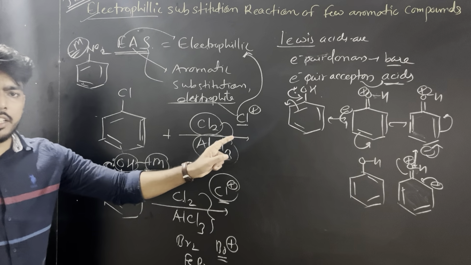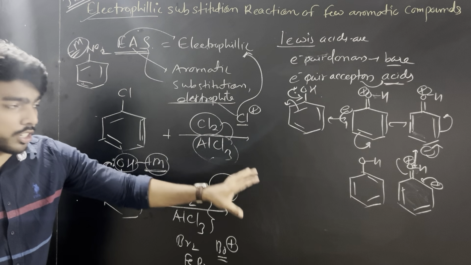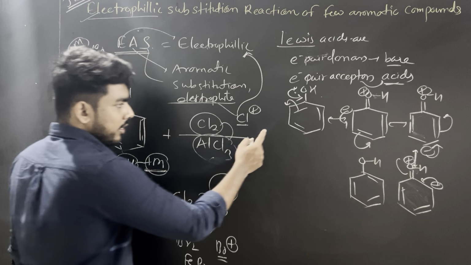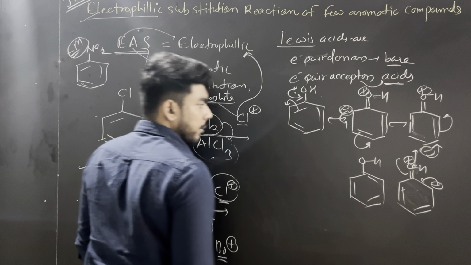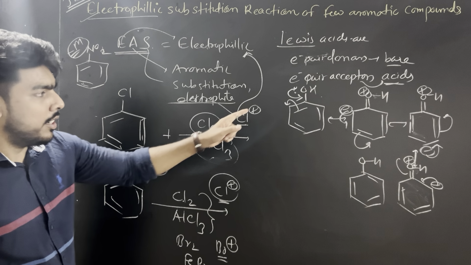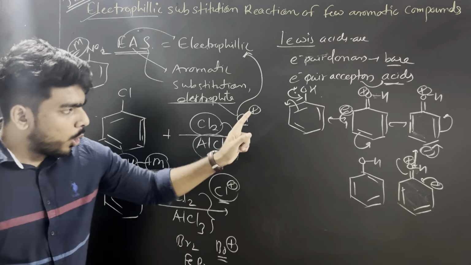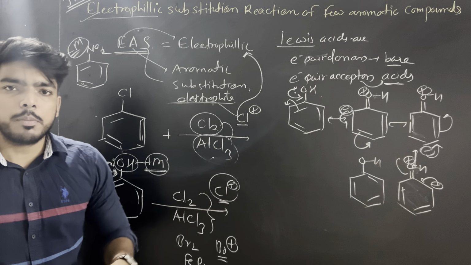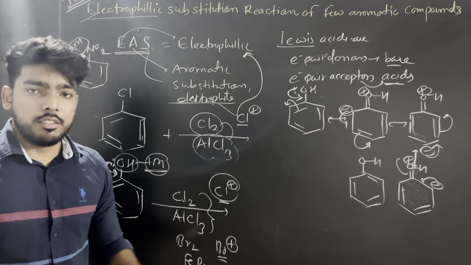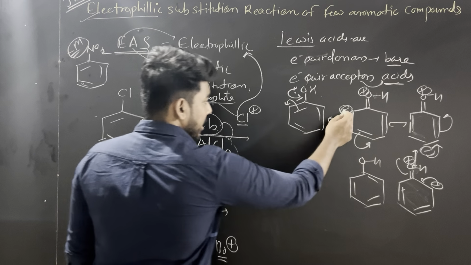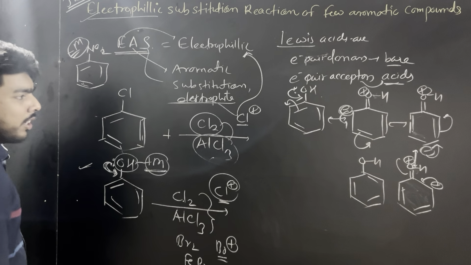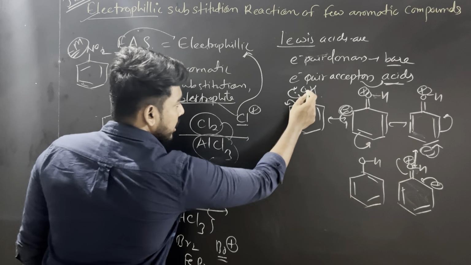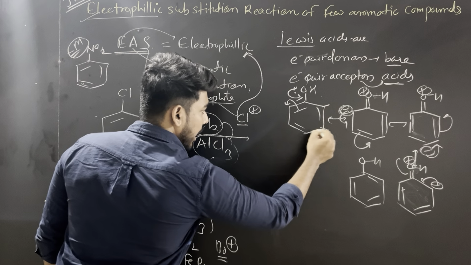If you look carefully at this entire structure, you can see the electron density directly on the ortho and para positions. That means whenever resonance happens, the ortho and para positions become more nucleophilic. This is the ortho position, this is meta and this is para.